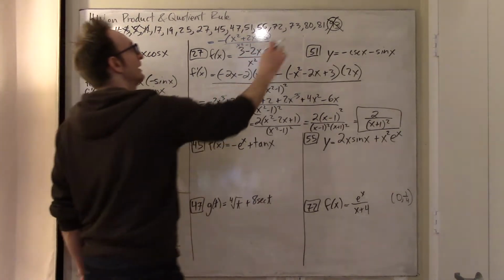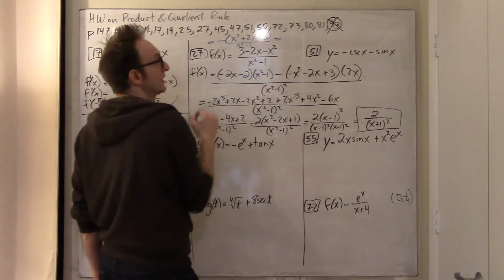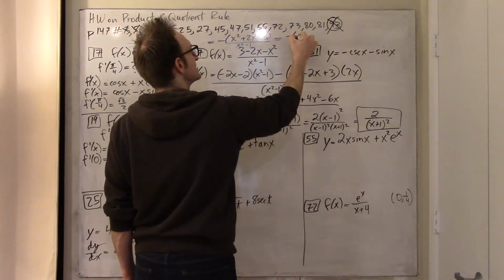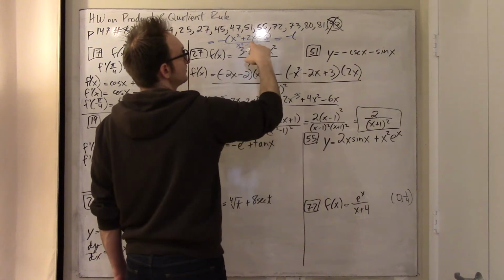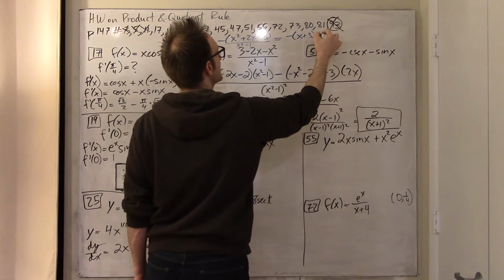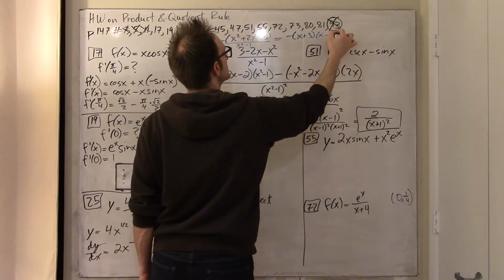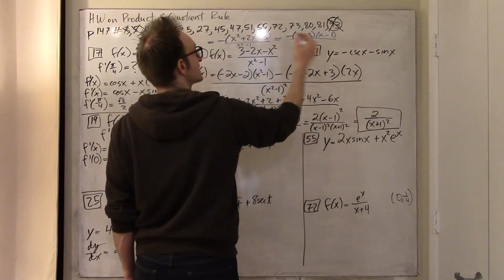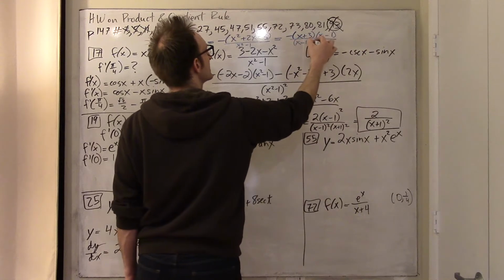And then I would have realized that that numerator factors as negative x plus 3 times x minus 1, over x squared minus 1, which is x minus 1 times x plus 1.